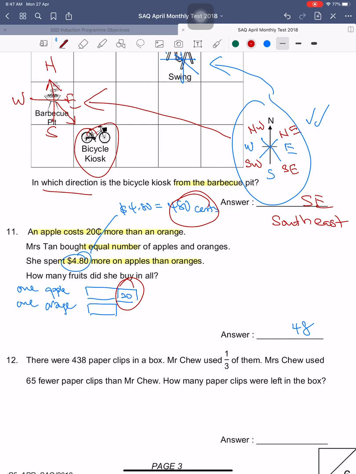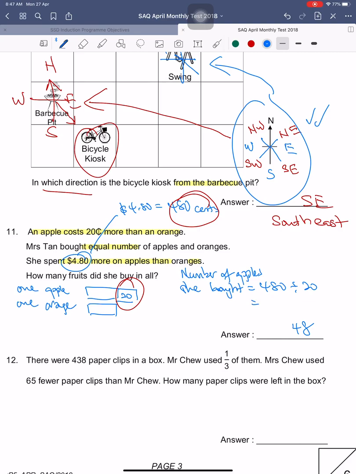Meaning, if I want to know the number of apples she bought, I will take my 480, because that 480 cents is the money collected from all the apples. Divide by 20, because one apple is 20 cents more.